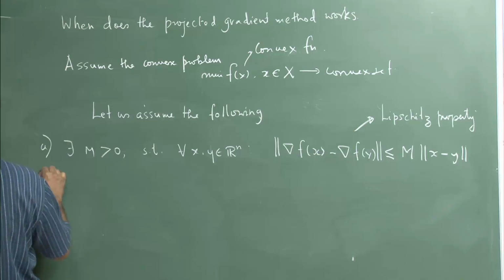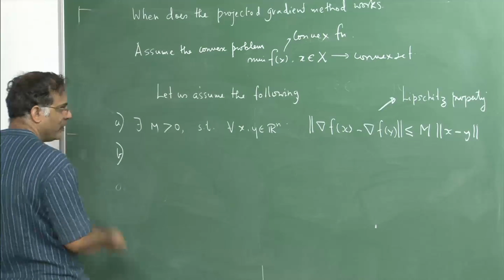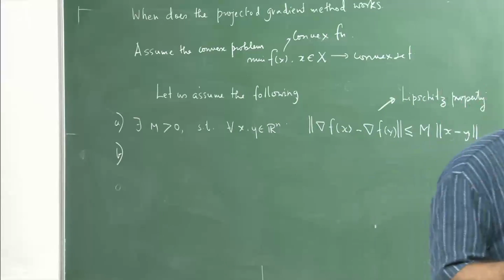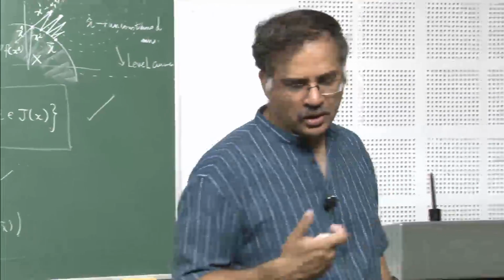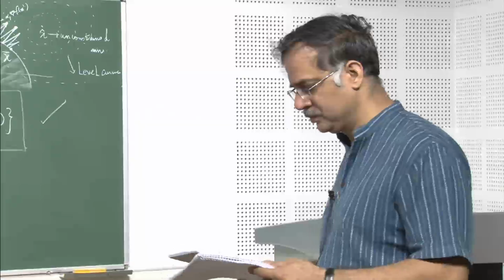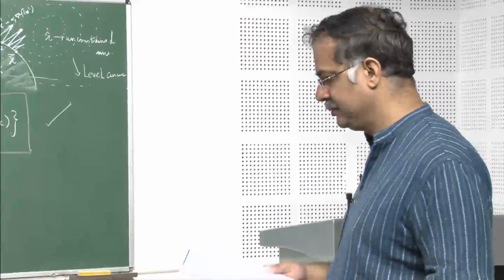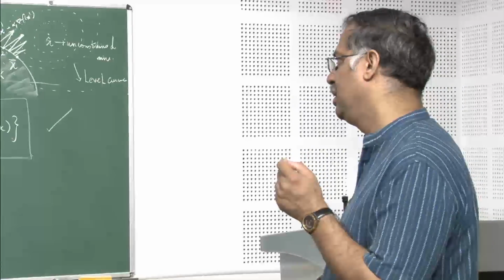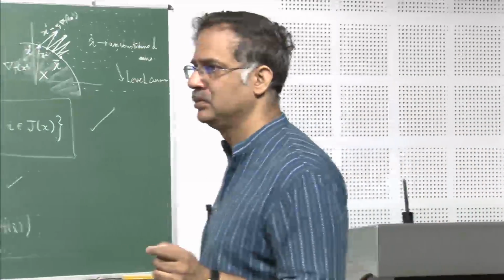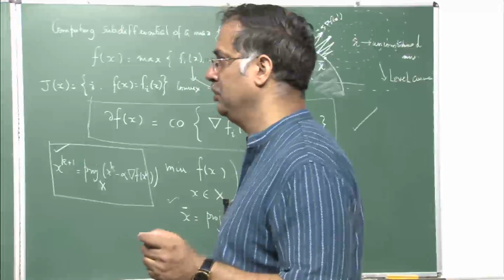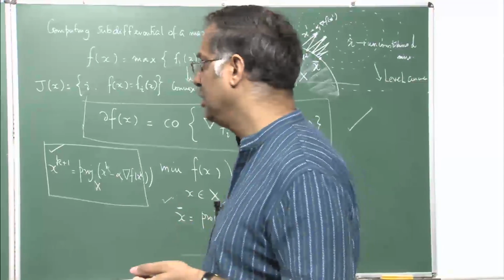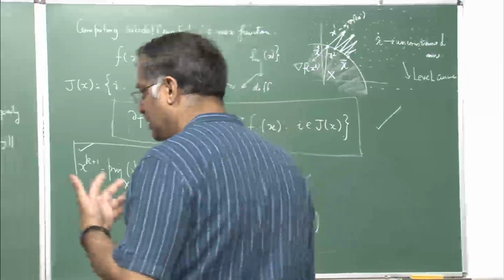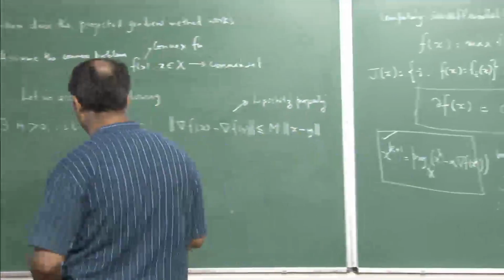Now, when we start an algorithm, we start with the point x1, and suppose that x1 is not the solution of the problem. Then it is clear that the solution must lie in the following set.